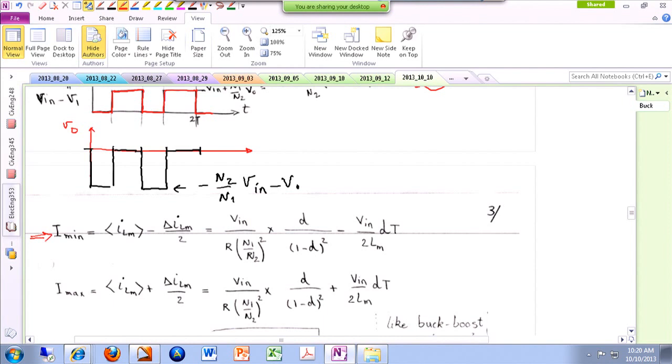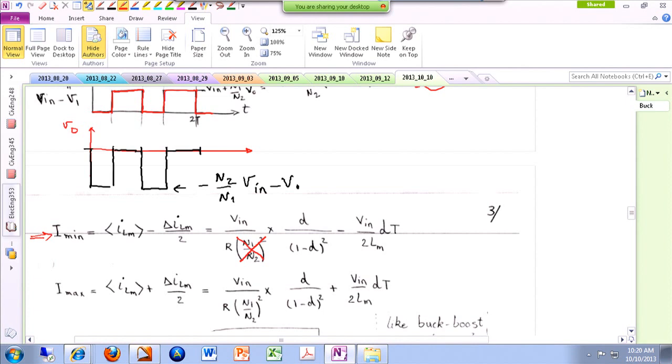The minimum value of the inductor current. This inductor is the magnetizing inductor reflected on the primary side. It is the average value minus half of its ripple. The average is Vn over R times N1 over N2 squared times D over 1 minus D squared. So before, for buck boost, we didn't have this part.